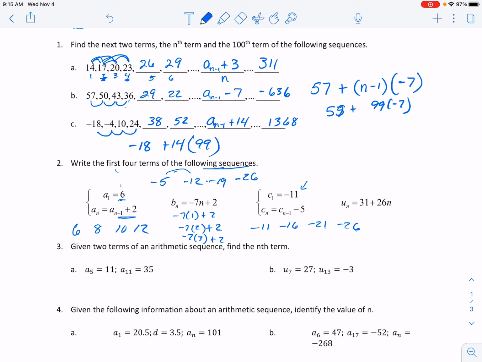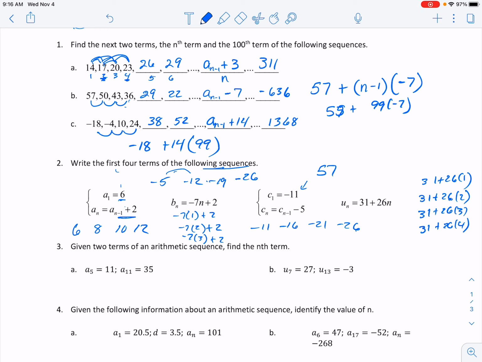This one I have to calculate again. 31 plus 26 times 1. 31 plus 26 times 2. 31 plus 26 times 3. And 31 plus 26 times 4. So what is that? 31 and 26 is 57.